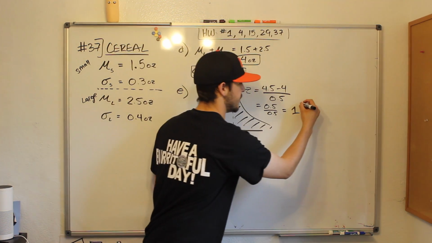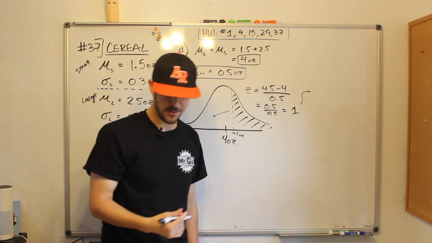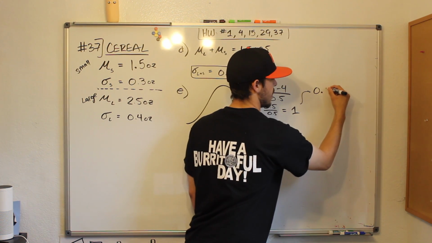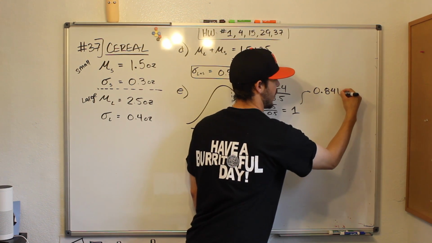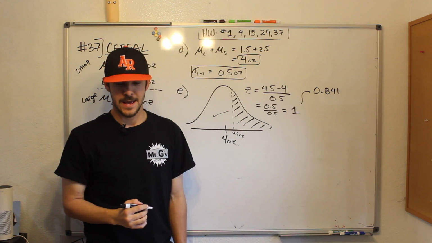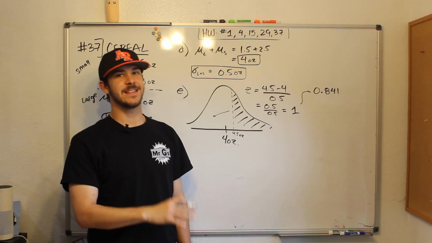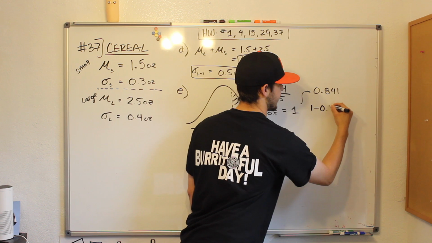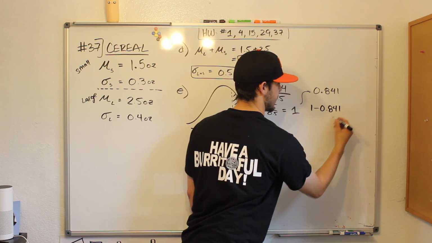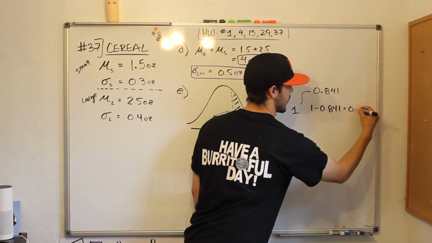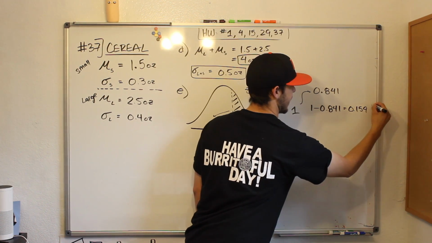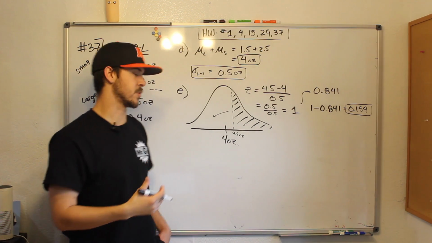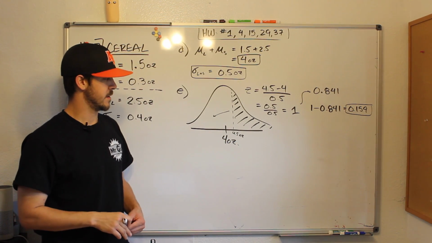So using the blue sheet for a value of 1, that will give us an overall value of 0.841. And we need to find the converse of that. We need to subtract it from 1, which will give us a value of 0.159, or 15.9%, that will actually have more cereal in the two bowls combined than 4.5.